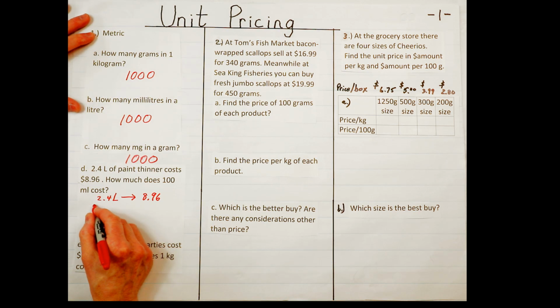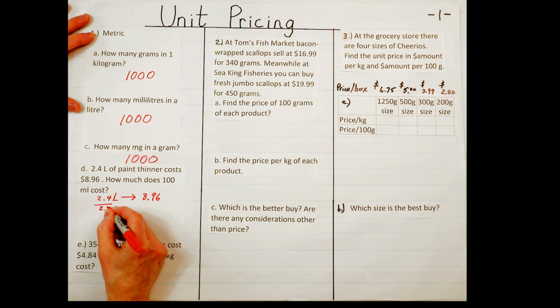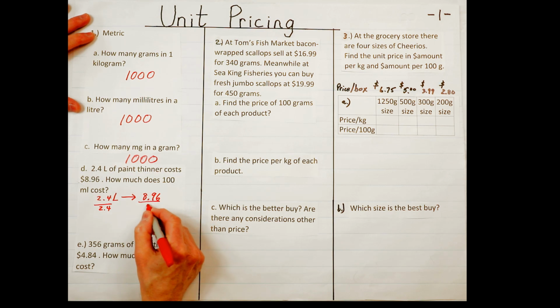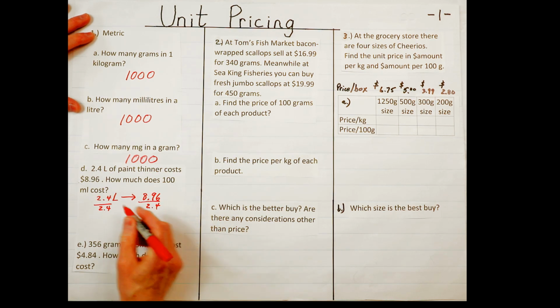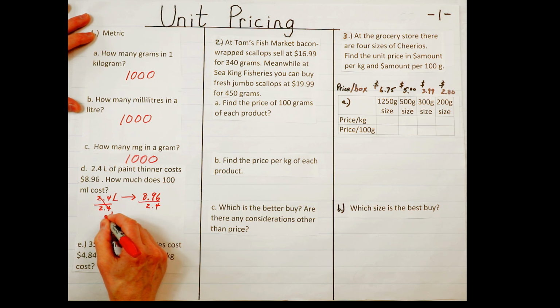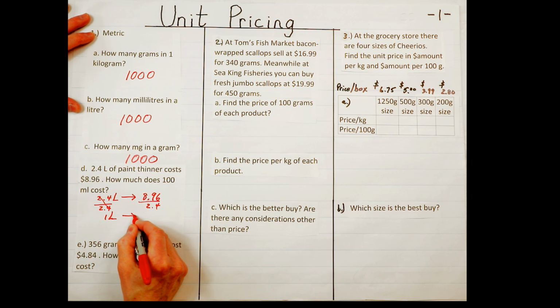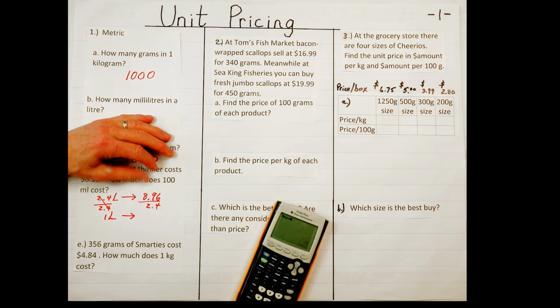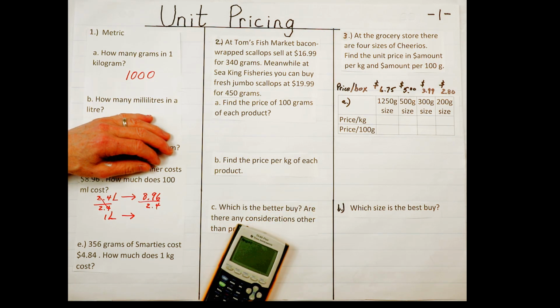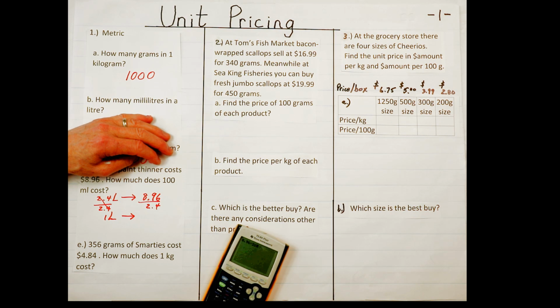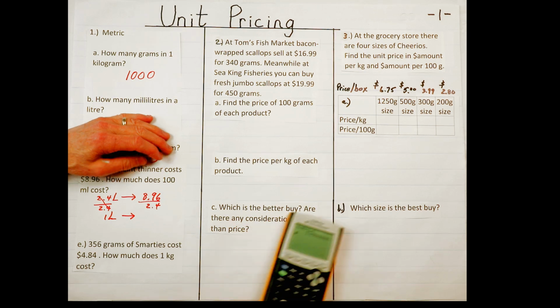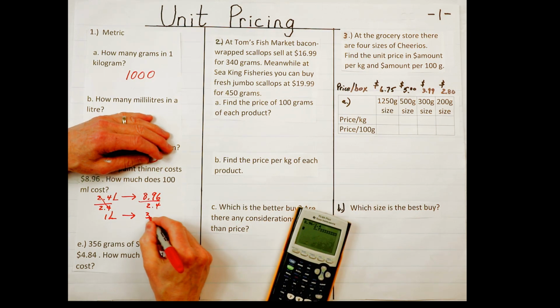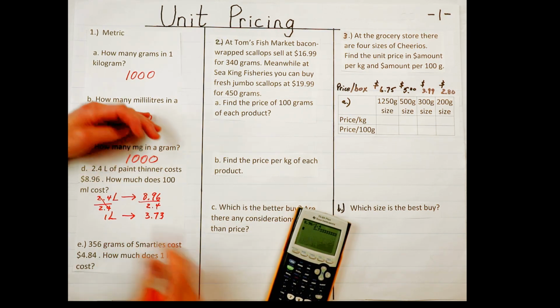So if I divide here by 2.4, I divide the other side by 2.4, then 1 liter gives me a price of, let me see, 8.96 divided by 2.4. That gives me $3.73 for 1 liter.